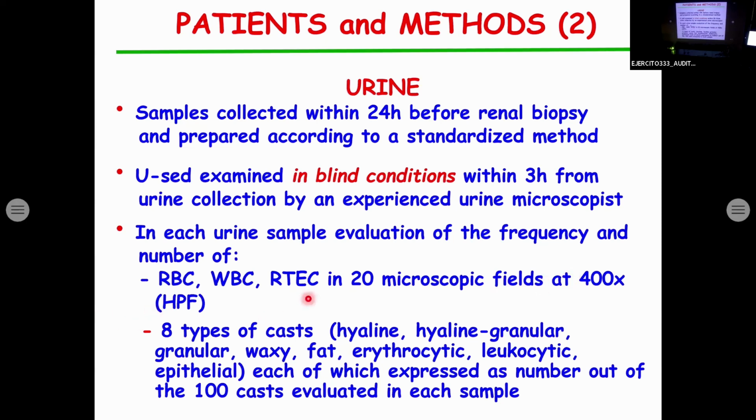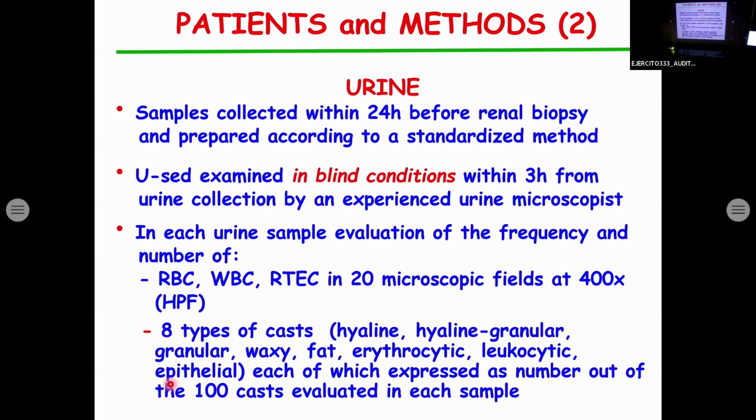And we also evaluated the frequency and number of 8 types of casts, each type expressed as a number out of the 100 casts evaluated in each sample. We included in our study only patients who had at least 100 casts over the overall examination of the sediment.